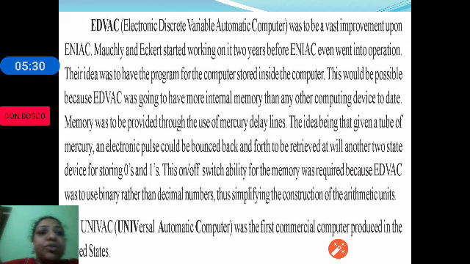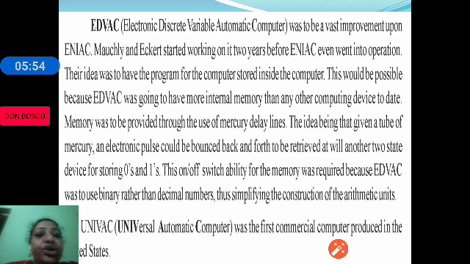Memory was to be provided through the use of mercury, with the idea that given a tube of mercury, an electric pulse could be bounced back to process the data. EDVAC used binary rather than decimal, which simplified the arithmetic units.